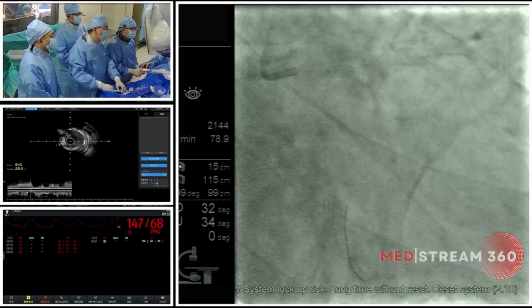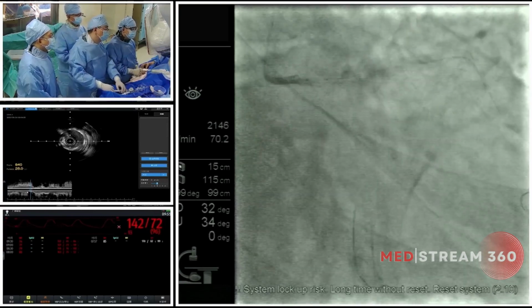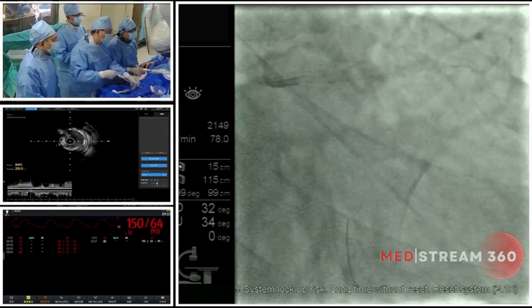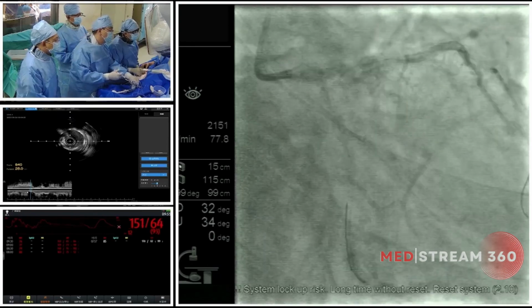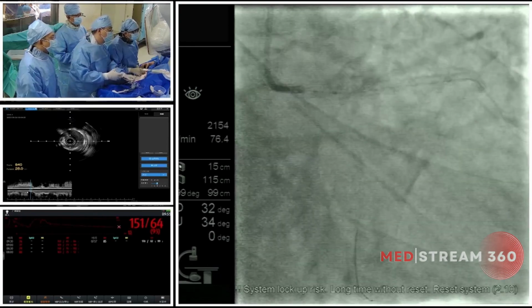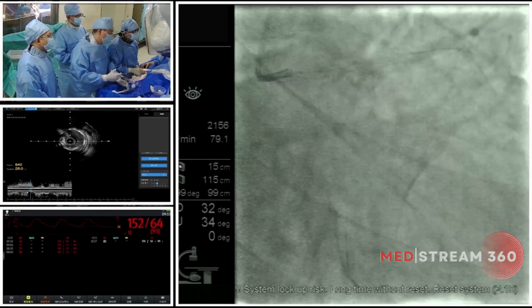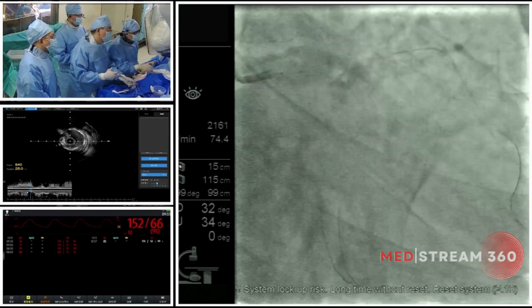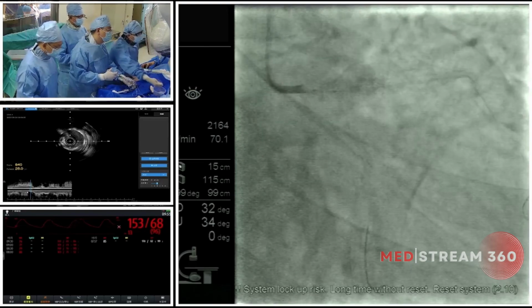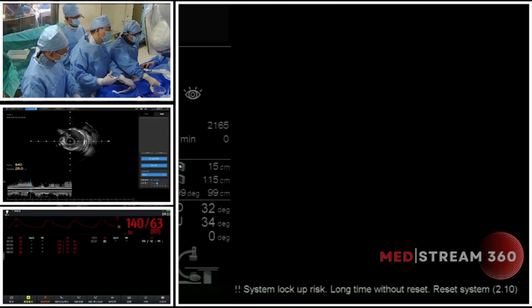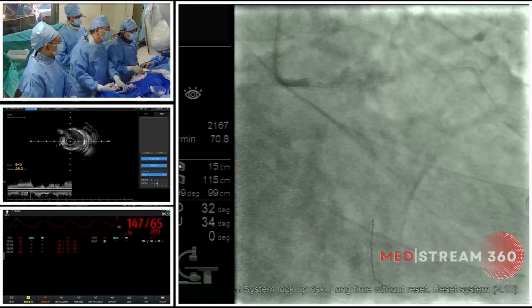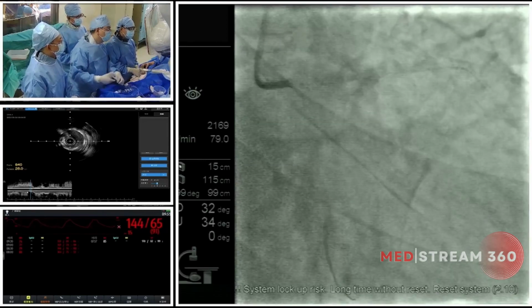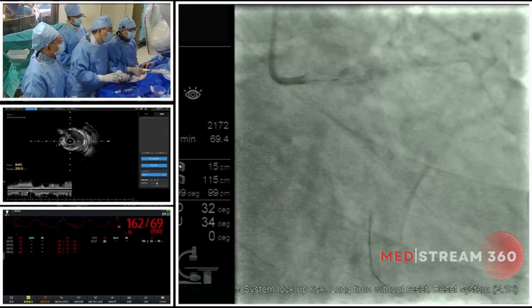For the first POT, the distal marker of the NC balloon will cross the main branch, and it's very important for the next kissing technique.